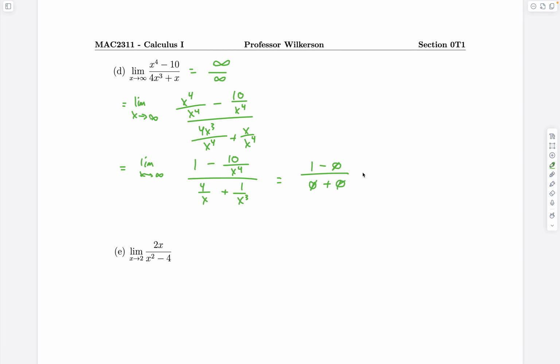Now the question becomes, when we do this, are we going towards positive infinity or are we going towards negative infinity, right? Because we know that infinity more or less is a DNE, that technically infinity means the limit doesn't exist, but I'd love to give information about what direction we're really going in. So what I'm going to notice here is that in my denominator, these two things are both positive, right? And we're combining them.